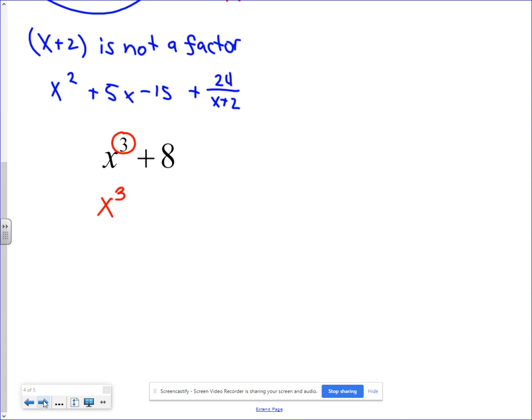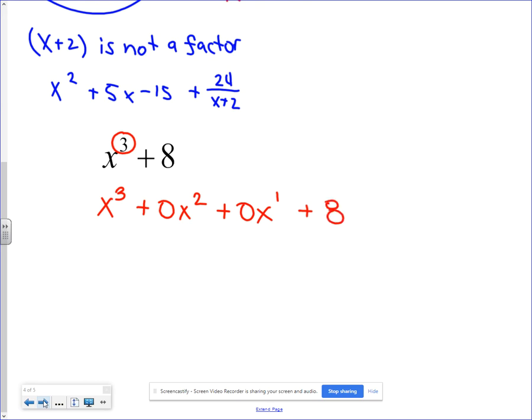I don't have an exponent of a 2. So just like we did on long division, you got to place a placeholder value. So we're going to put 0x squared. What's after 2? X to the first power. I don't have x to the first power. So I got to put another placeholder value. So there's my x to the first power. And then after x to the first power, we get x to the 0, which is just an 8.